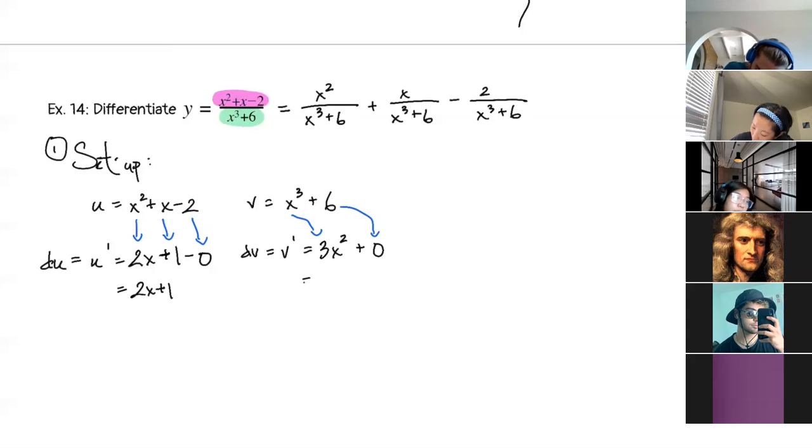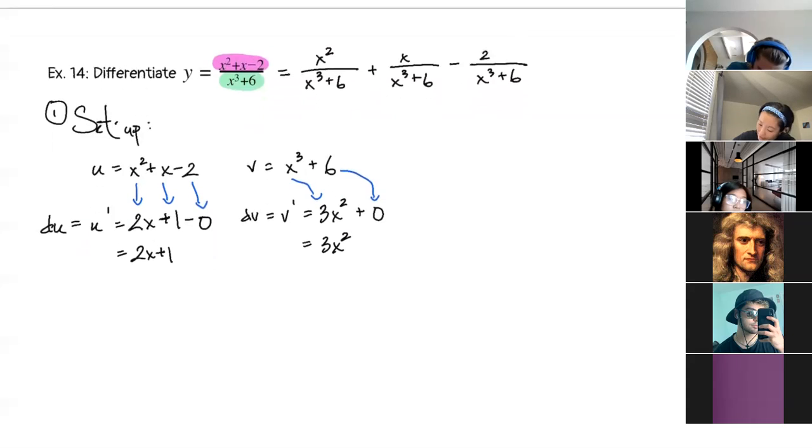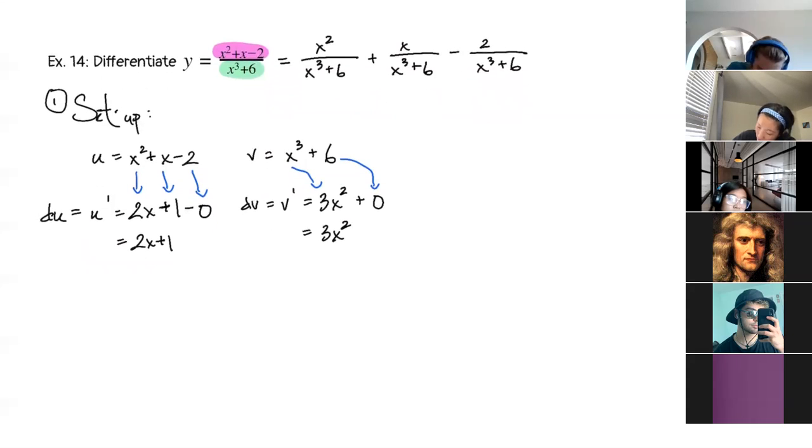And then once you've convinced yourself that that derivative of 6 is a 0, then you can just write it as 3x squared. Okay. All right. We good on the setup? I bet some of you have already worked ahead, but if there are any questions about the setup, let's address them now.